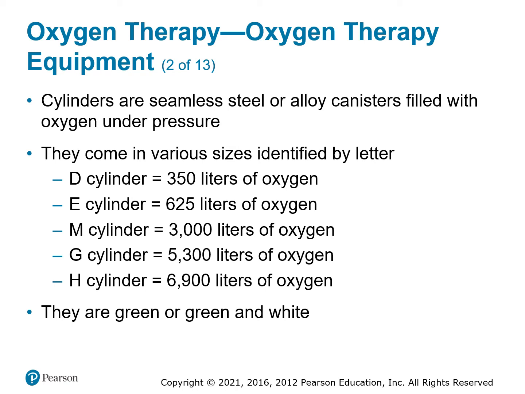The really large cylinders are usually found in an outdoor cabinet of your ambulance, in which then the tubing and stuff has been run to the internal setup. Again, they are green or green and white, green and silver in color, and they are seamless canisters.